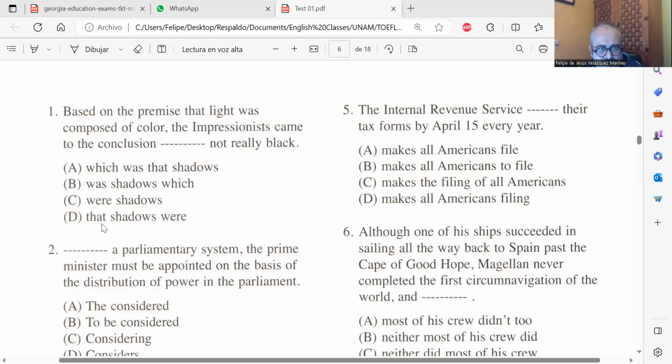Letter D. The answer is: based on the premise that light was composed of colors, the impressionists came to the conclusion that shadows were not really black. What is the meaning of this sentence? I don't know the meaning, I don't know what the message is about, but I understand the structure, and this is what they want you to do.